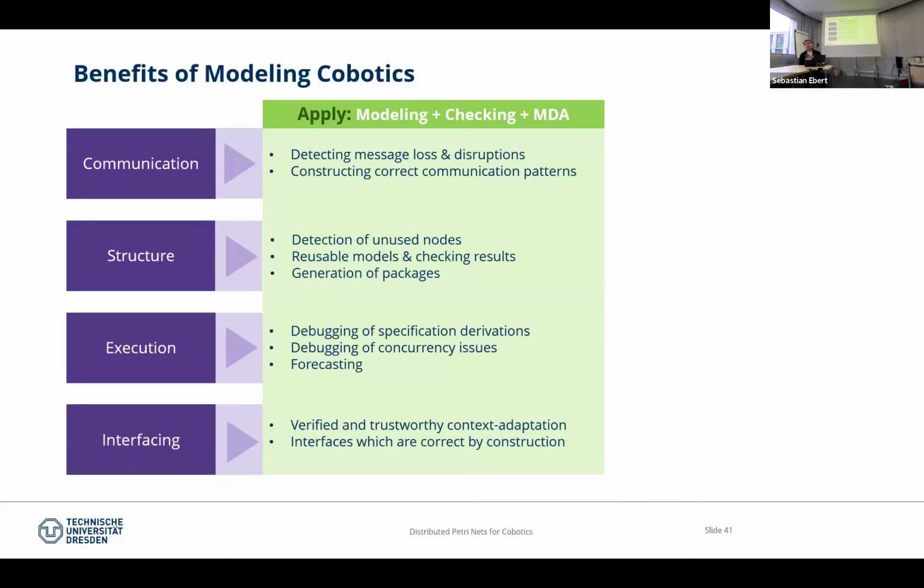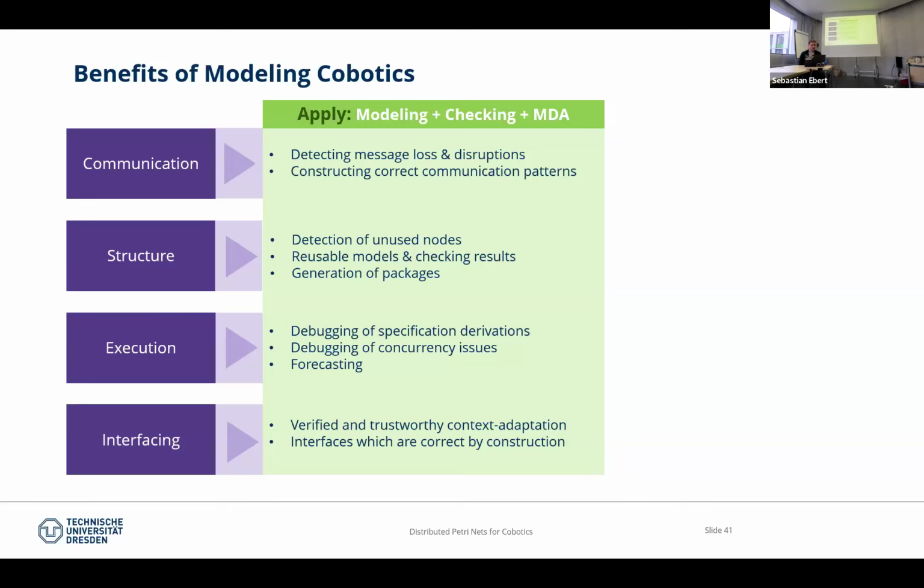On the level of execution, we can debug specification derivations before we run the application. And we can also debug concurrency issues, as we just saw in the example, before runtime and at runtime, which you can also use for forecasting, because we maybe have a runtime model of a Petri net to look into the future at what possible next transitions may fire.